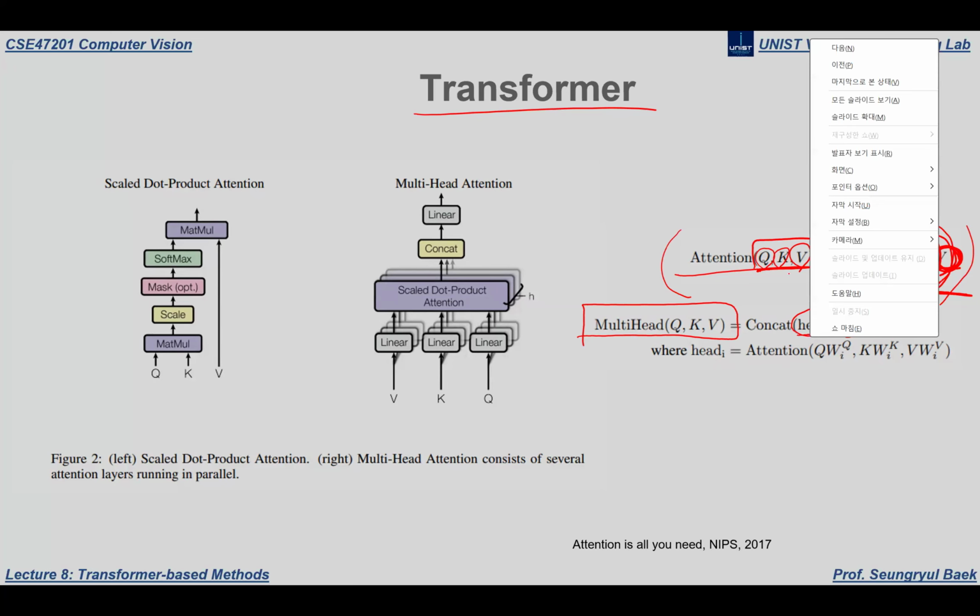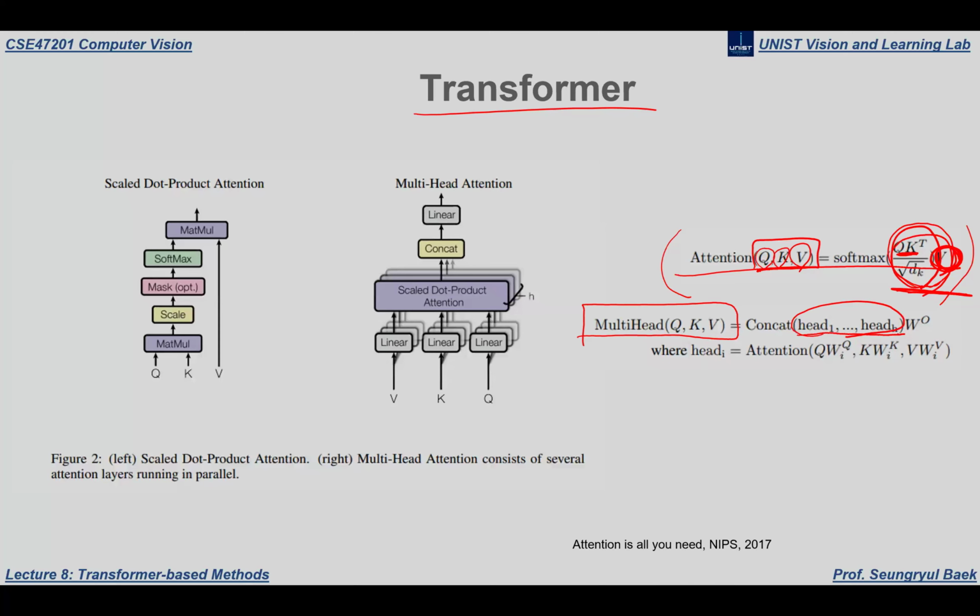Getting multiple key, query, value attention results, we concatenate them and multiply one more weight, which is the output weight, which will be learned, to get the final result.